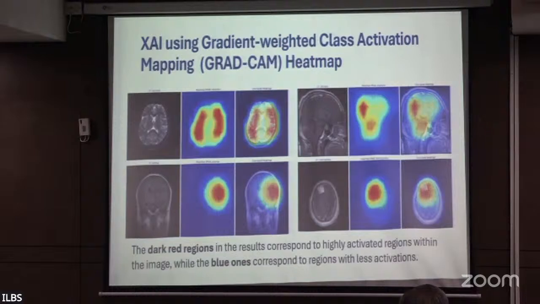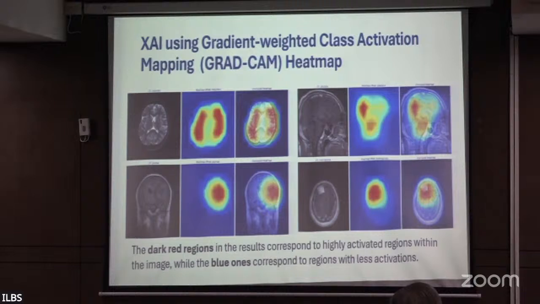So now I'm showing GradCam. This is a similar type of heat map. It is called a GradCam heat map because it shows the highlighted area with this heat map. Red is the higher value, and towards the blue it goes to lower importance. The red area is the most important part of the image for the prediction.